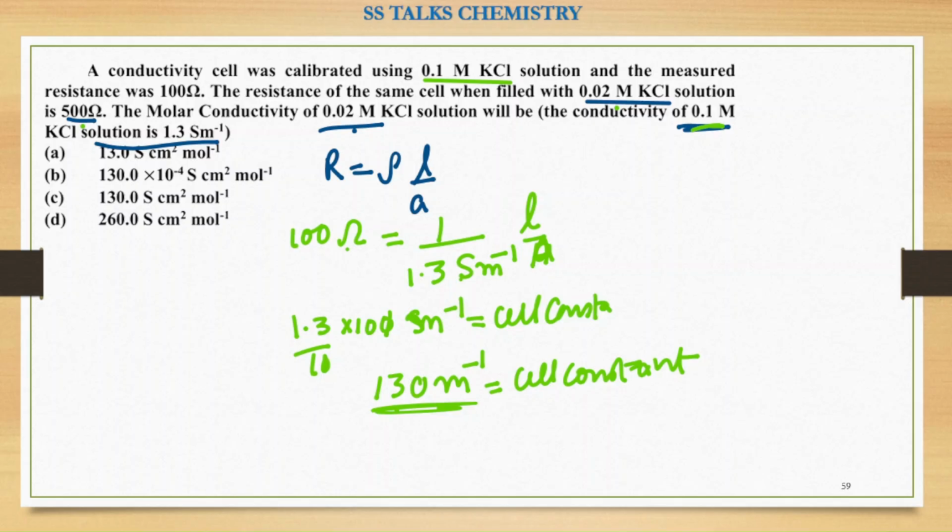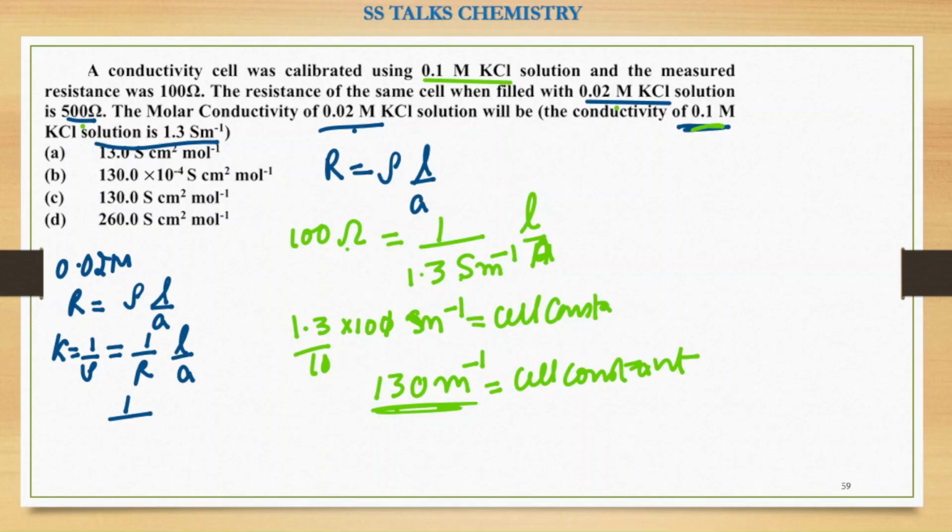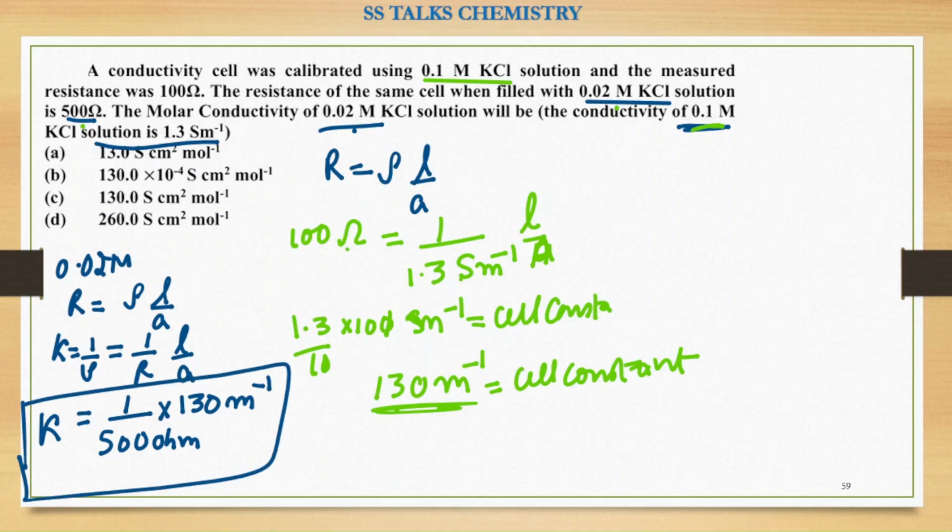For the 0.02 molar solution, R is again equal to rho L by A. We need the kappa value, which is 1 by resistivity, equal to 1 by R into the cell constant. This time the resistance value is 500 ohms and the cell constant is 130 meter inverse. This is the conductivity value, and using it we can find the molar conductivity.